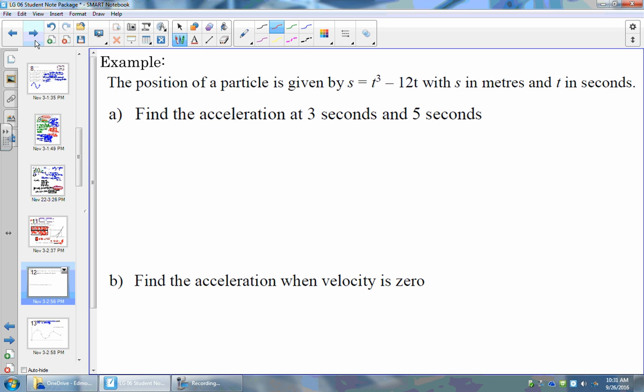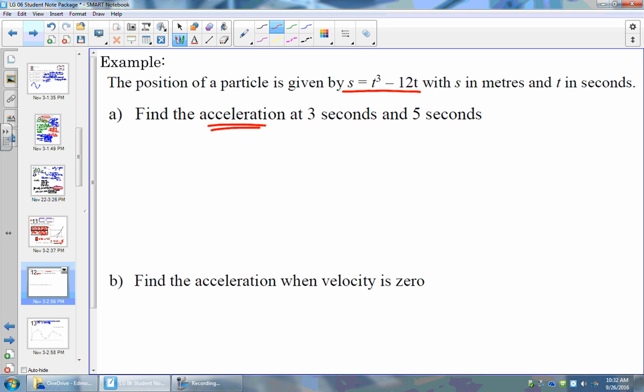All right, so this first example, just to put all this together here, the position of a particle is given by this function. So that's our position time graph with s in meters and t in seconds. Find the acceleration at 3 seconds and 5 seconds. So we can't just find acceleration off the bat.